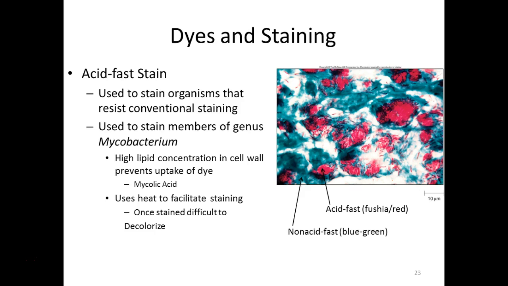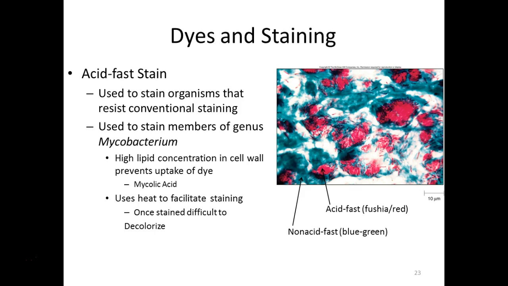So they'll stain, and they stain so well that the decolorizer that we use in this procedure is an acid alcohol, and that's partly where this stain gets its name, acid-fast. So even the fact that we use hydrochloric acid and alcohol, you cannot decolorize these cells once we stain them. They stay colored with the carbolfuchsin, this purplish pink fuchsia color.